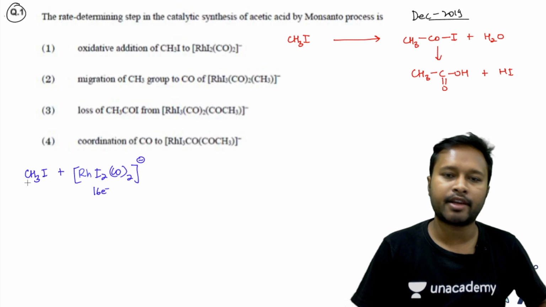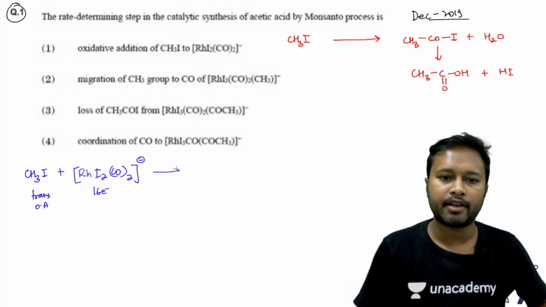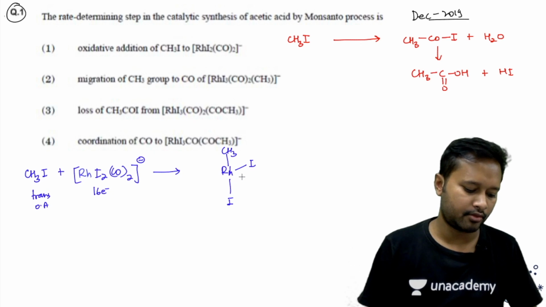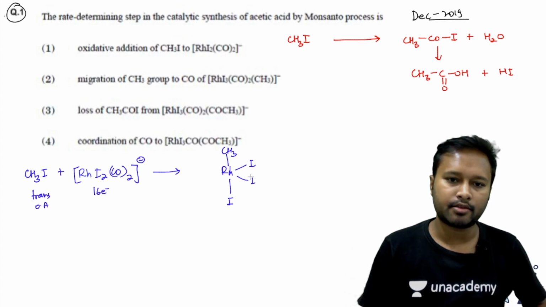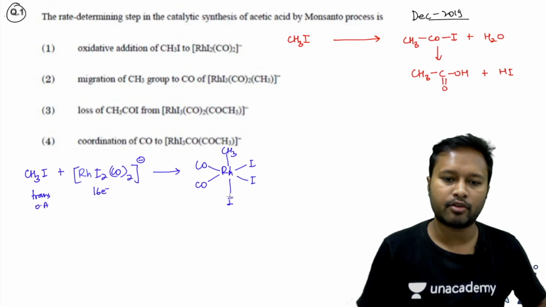Now you know this is a hetero group or a polar group, so this is going to do a trans oxidative addition on it, and the product which you are going to get will be something like this: Rh, then you have CH3 and I on the axial bonds, and let's have the other groups on the equatorial bonds like this. Okay, so we have CO like this.